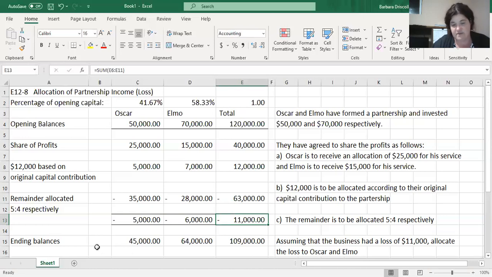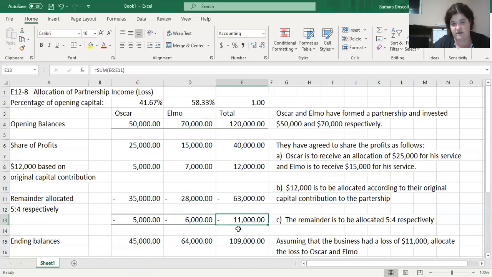In closing, the question doesn't indicate any withdrawals or drawings in this case, so we have an opening balance of $50,000. Oscar shares in $5,000 worth of overall decrease in his capital, so his ending balance of capital is $45,000. $50,000 less 5 gives us $45,000. With Elmo, he starts with opening capital of $70,000.